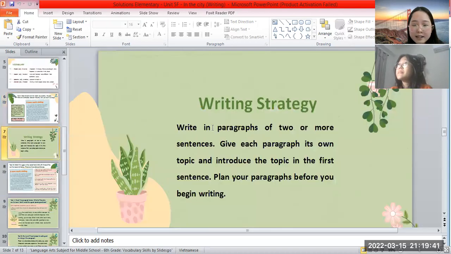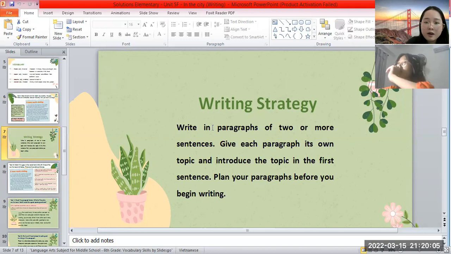Here we have the writing strategy, like the speaking strategy, reading strategy, and listening strategy. We also have some writing strategies. When we write in paragraphs of 2 or more sentences, you have to give each paragraph its own topic.